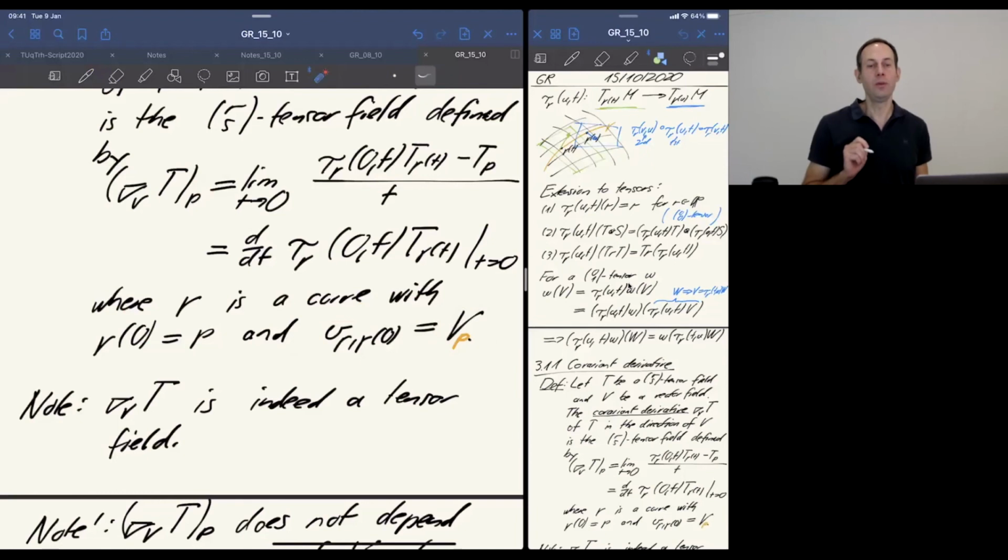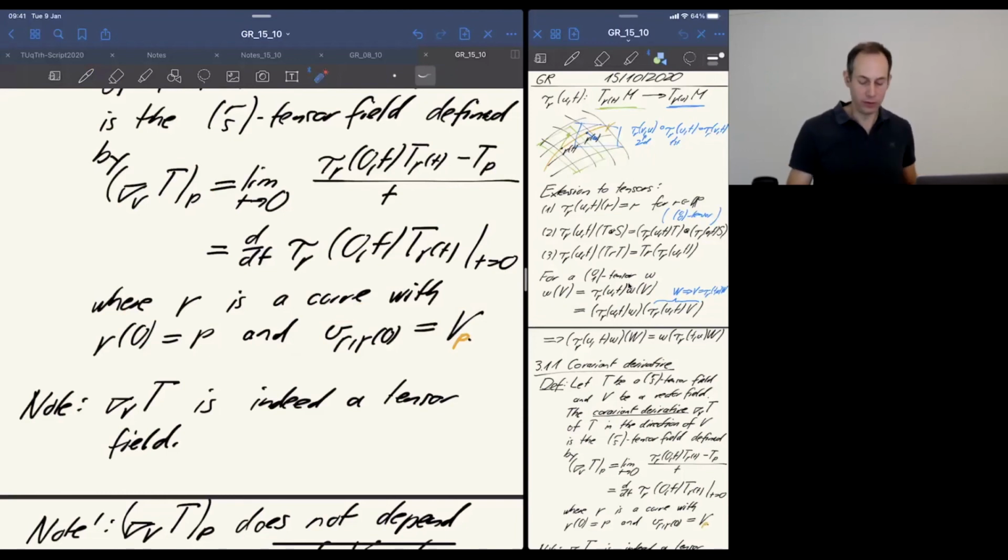And this is not true for the Lie derivative. In the Lie derivative, we couldn't say that the Lie derivative along a flow defined by a vector field v only depends at the point p on the direction of the vector at this point p. And why this is not the case, I will explain again. One way to see it is to look at coordinates.